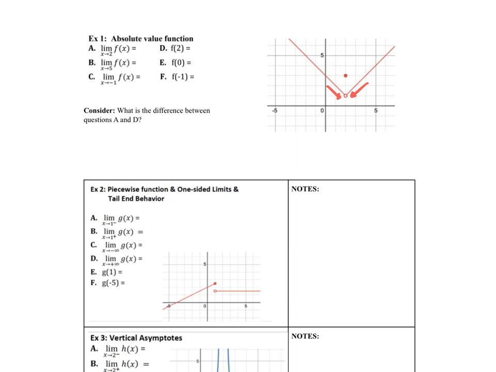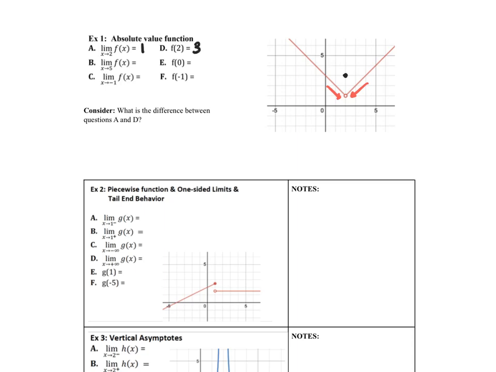So we say that the limit as x approaches 2 of f of x equals 1. That's different than asking what the value of f of 2 is. At 2, we have a hole, and we know that the y value is equal to 3.